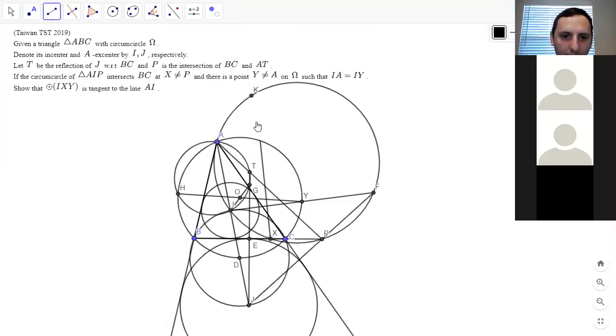So KX is the perpendicular bisector of IY. Maybe that's just a distraction though. Oh yeah, this would be very hard to find without GeoGebra. Yeah, there's just so much information, right?